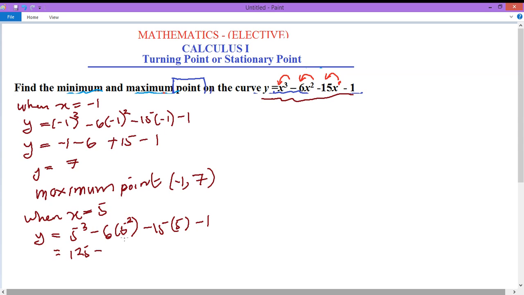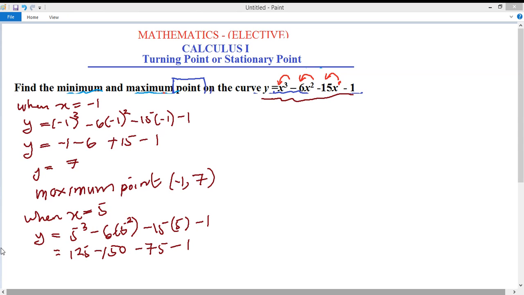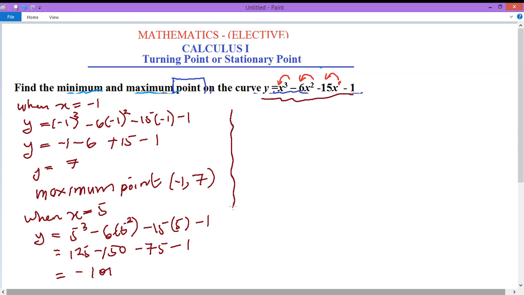Then we have 25 here multiplying 6, so that will give us 150, and then 15 times 5 will give us 75. When we subtract everything, we are going to have -101. Hence, our minimum point is (5, -101).